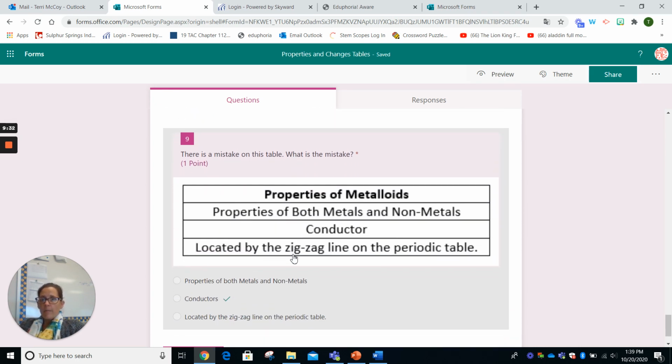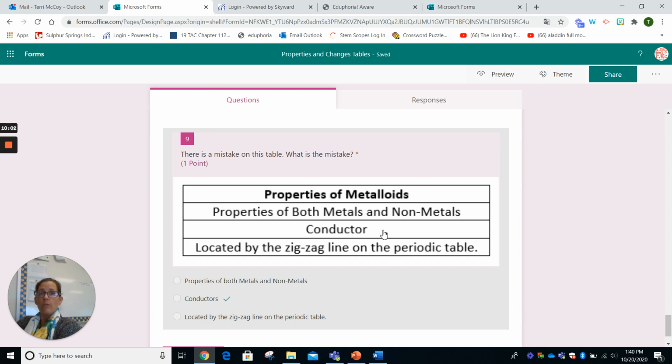Next and last problem, there's a mistake on this table. What is the mistake? Okay, properties of metalloids. They have properties of both metals and nonmetals. Metalloids do, that's correct. Metalloids are conductors. I don't think so. Properties of metalloids, they're located by the zigzag line on the periodic table. That's correct. So, are metalloids conductors? Not necessarily. Metalloids are what we call semiconductors.